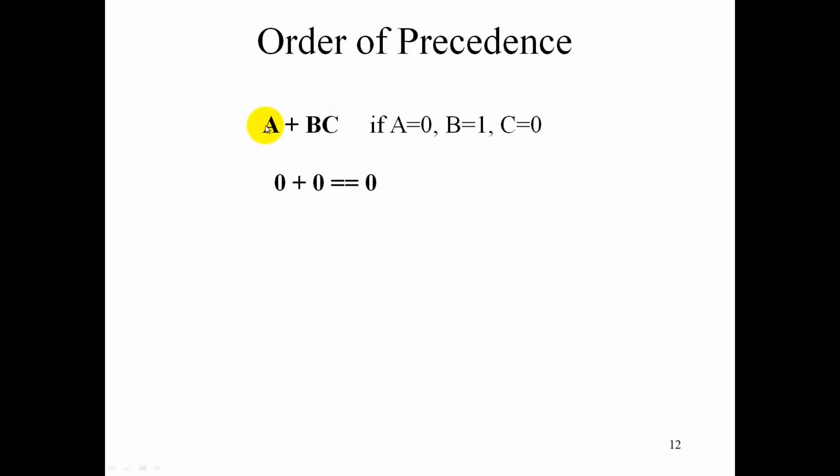We have A, which is equal to 0, B, which is equal to 1, and C, which is equal to 0. However, due to the order of precedence, the AND statement will go first. So 1 and 0 is 0, and 0 or 0 is equivalent to 0.